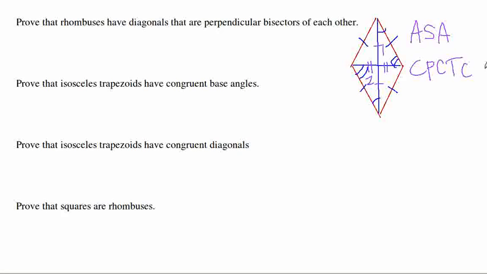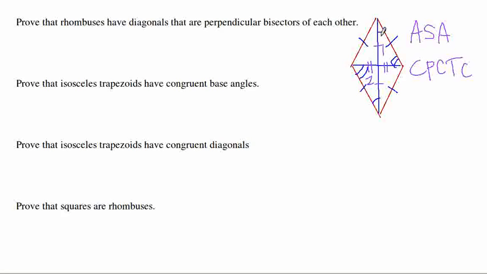Okay, so using KIPTIC, we can also show that the remaining 2 triangles are congruent to triangles 1 and 2. And so therefore, all of the angles in the center of the rhombus are congruent. Okay, and 2 of those angles form a straight angle.